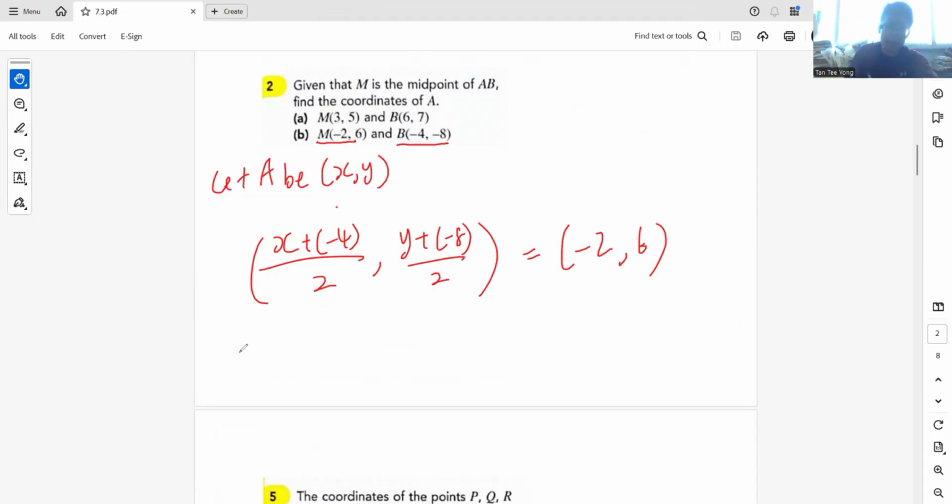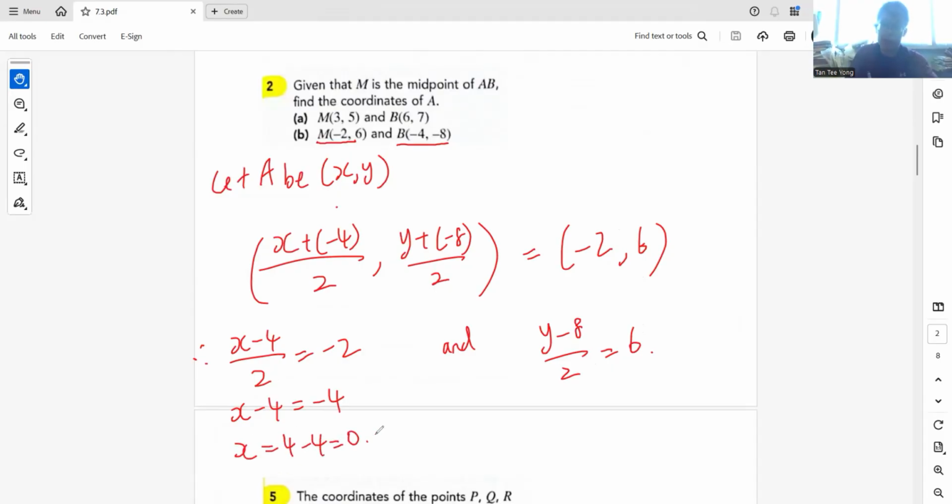Therefore x minus 4 over 2 equals negative 2, and also y minus 8 over 2 equals 6. We can solve for x individually. x minus 4 equals negative 4, so x equals 4 minus 4, which is 0.